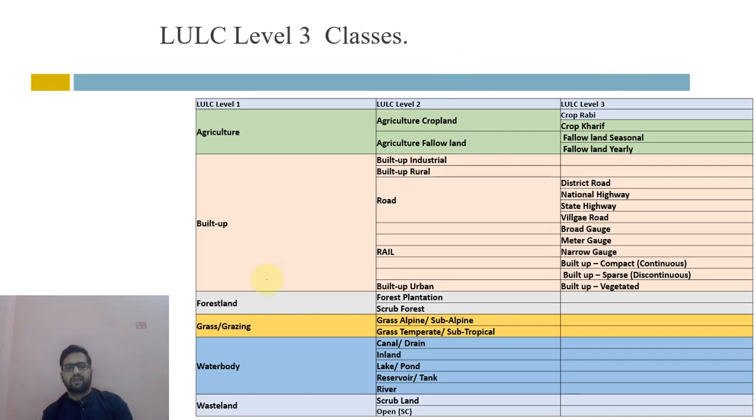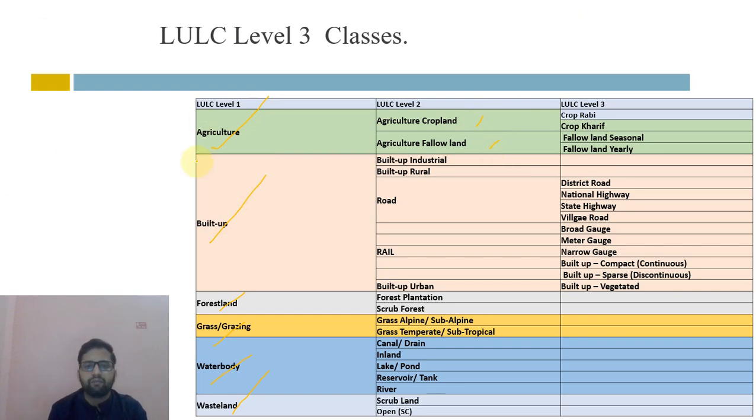In the previous slide we learned about agriculture, built up, forest land, grazing, water body and wasteland as the primary features of the level 1 classes. Then agriculture is divided into two categories, agriculture cropland and agriculture fallow land, called the level 2 classes.